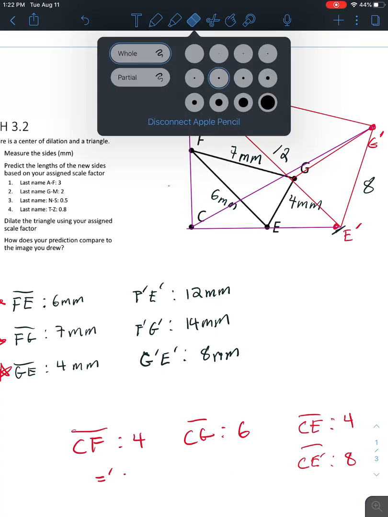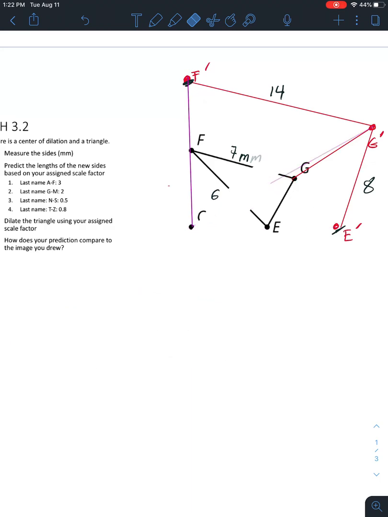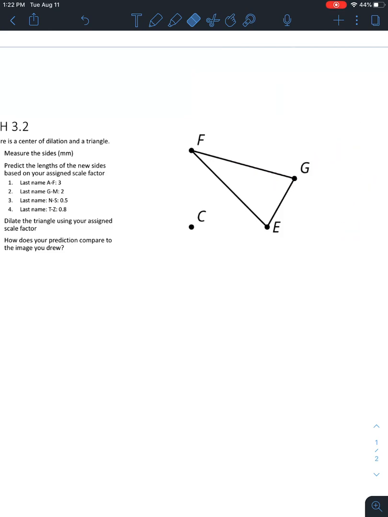And now we're going to do the same process, but this time we are going to go smaller. And I'm going to do a quick run through of that since we're going to also do that in class. Okay, so once again, I'm going to start by going from the center to each vertex.